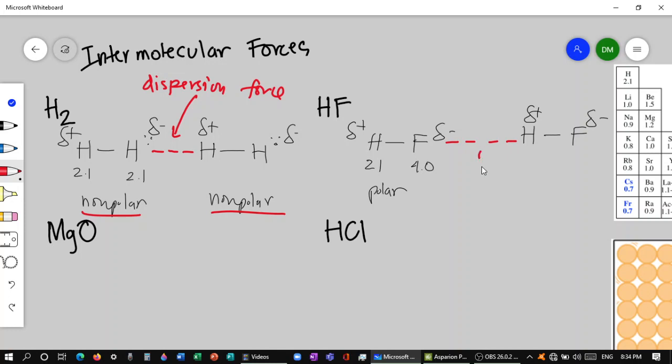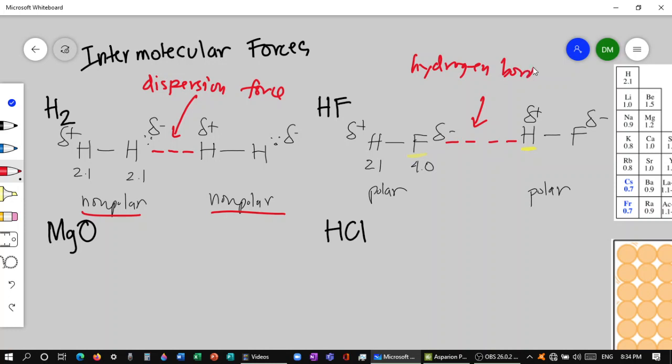Okay, now this one is what type of intermolecular force? Well, again, these are polar molecules, so it can be a dipole. But in this case, remember that the hydrogen is attached to a fluorine. So this one is a stronger type of dipole-dipole force. This type of interaction is hydrogen bonding.